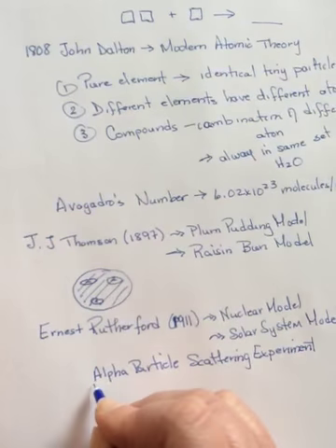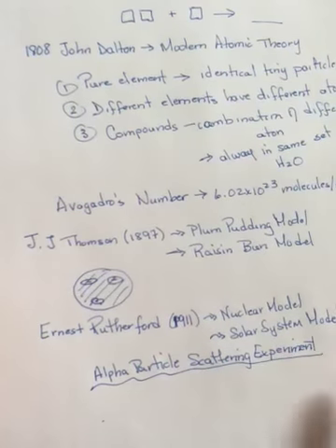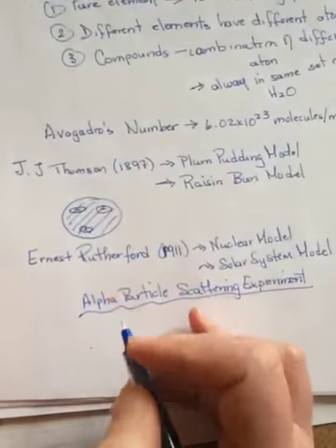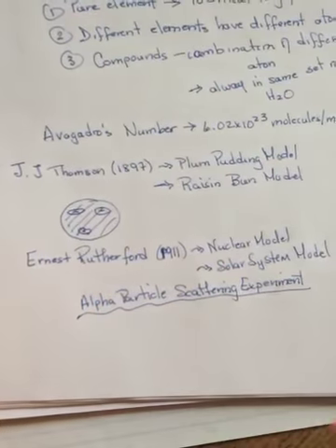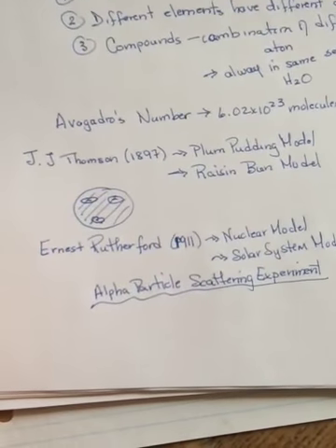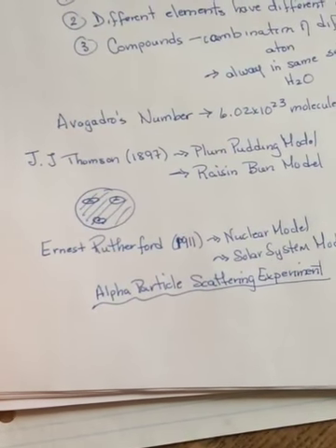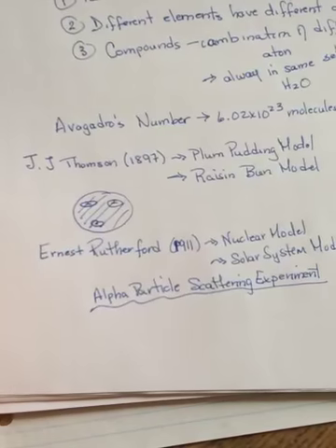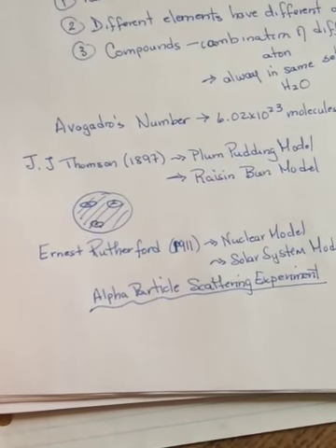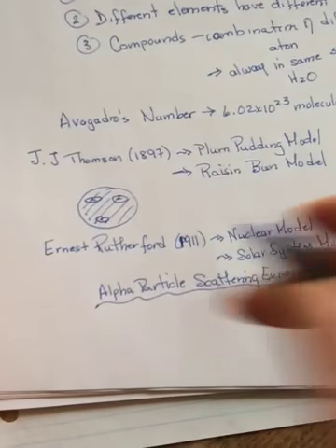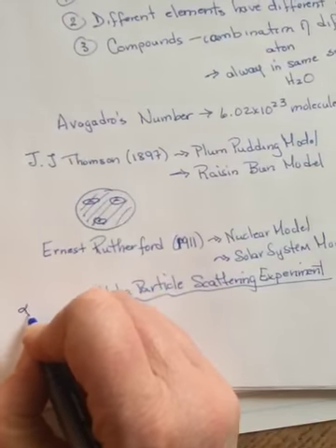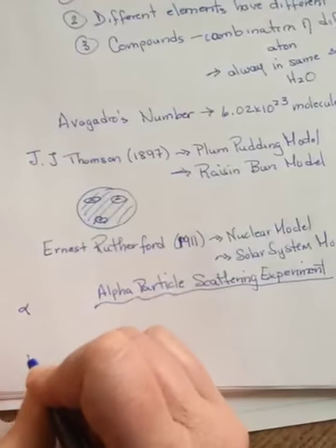Now, he used alpha particles, even though he didn't really know what they were back then, but we know what they are now. What he knew was that alpha particles were particles given off by a radioactive substance. They're the first radioactive particle to be discovered, and so they were named after the first letter in the Greek alphabet. The symbol for an alpha is the Greek letter alpha.